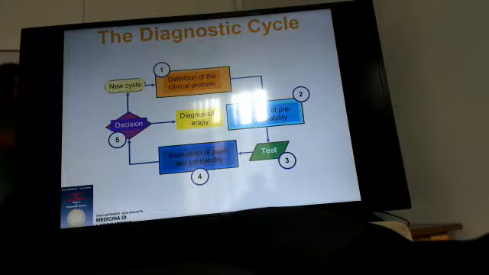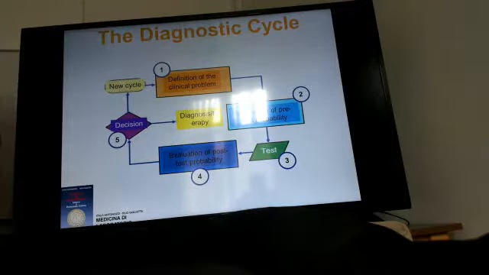So problem, hypothesis, test, results, confirmation or exclusion of the hypothesis. In both cases, you can start the therapy because you will have the results. So if the disease is confirmed, okay, you can start therapy. If the disease is not confirmed, you have two choices: the patient is healthy, or has a disease different from that you thought at the beginning.